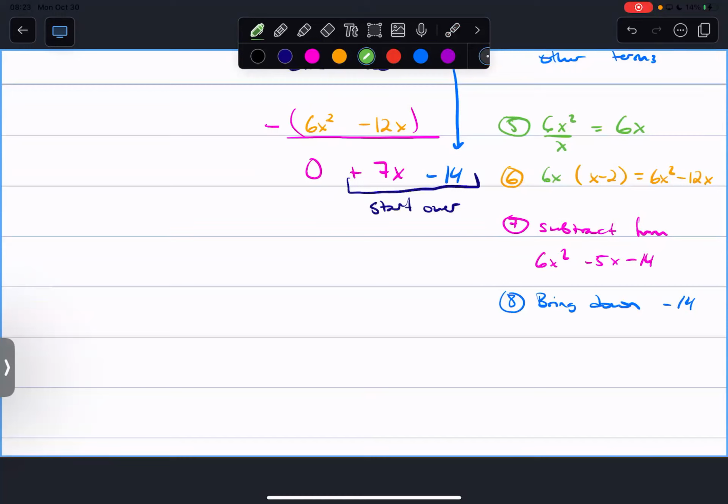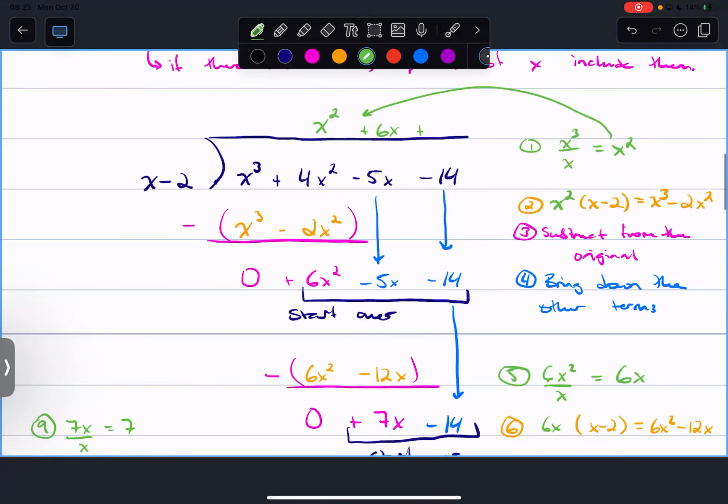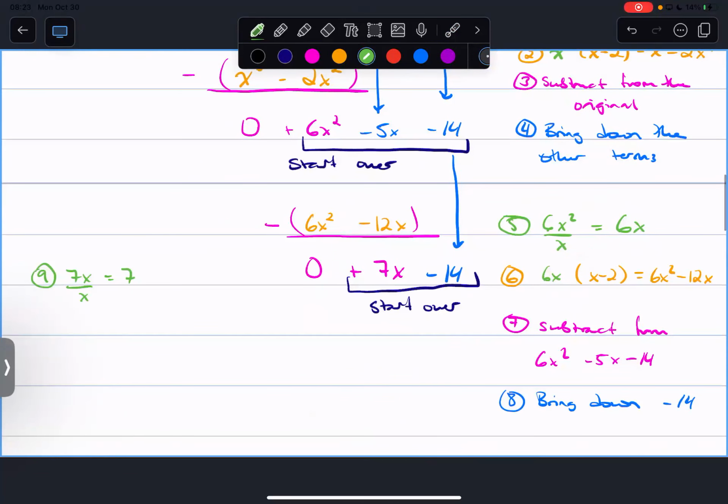Maybe I'll put it over here. 7x divided by x is 7. So I get plus 7. Then I've been using orange.